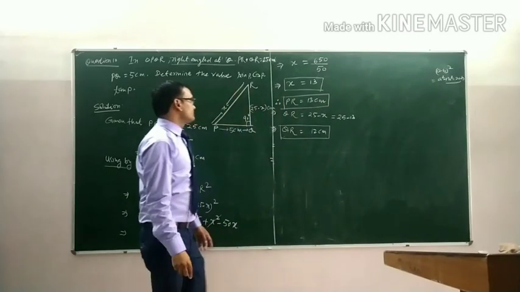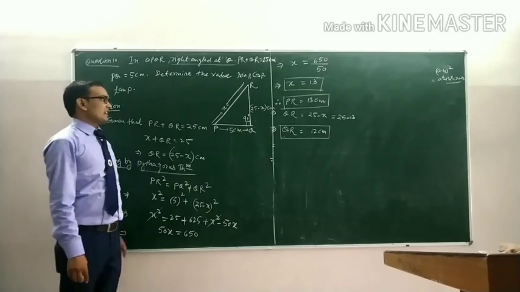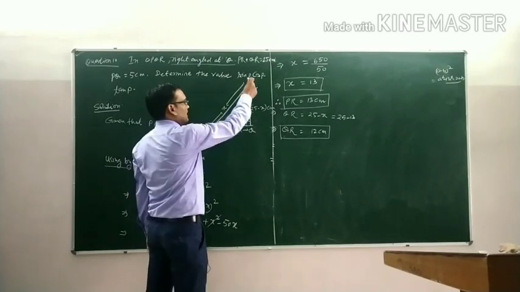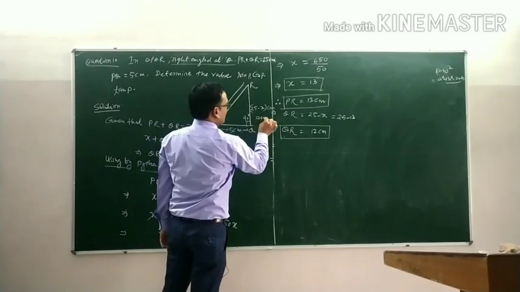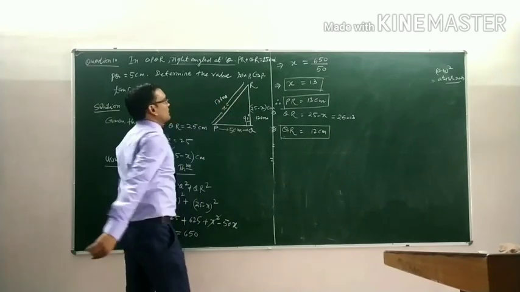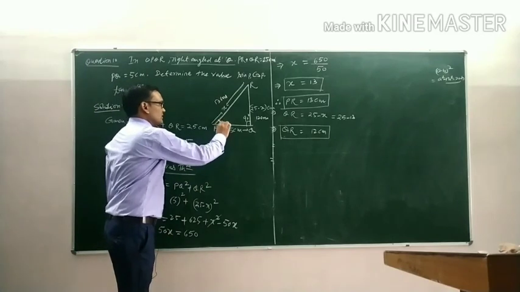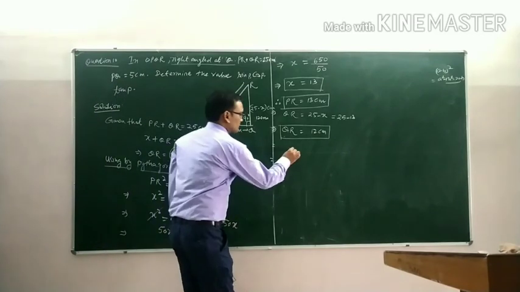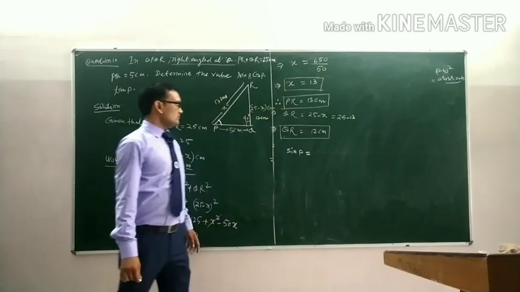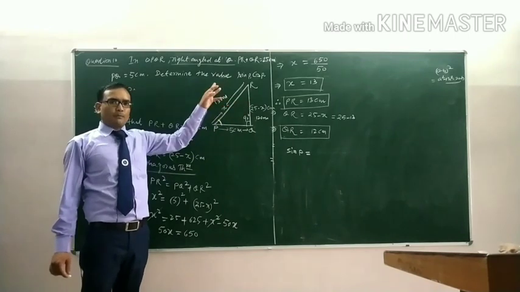We have three sides of right angle triangle PQR. PQ is 5 centimeters and RQ is 12 centimeters and PR is 13 centimeters. Then we find the value of sin P. Sin P equal to perpendicular side upon hypotenuse.